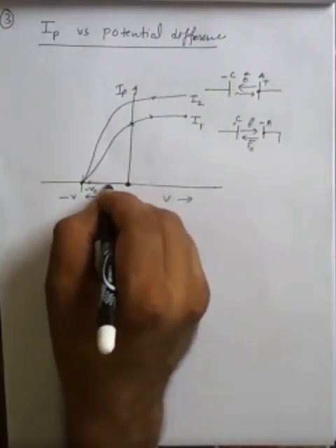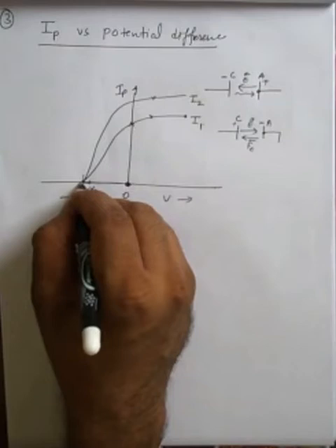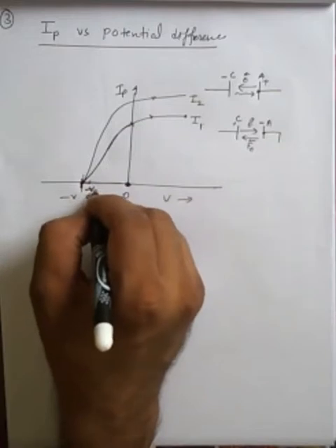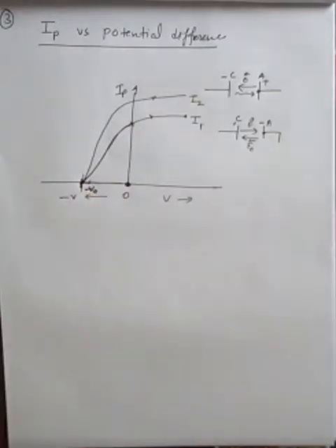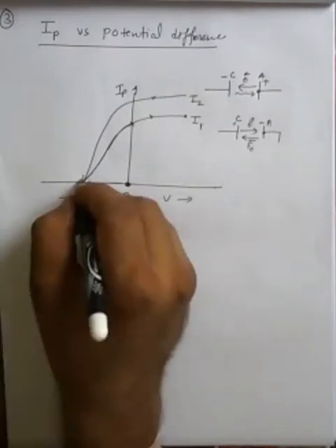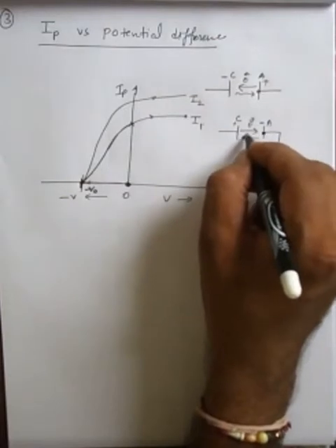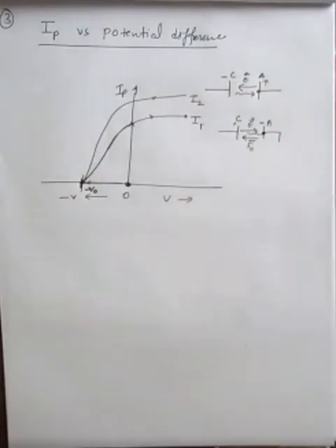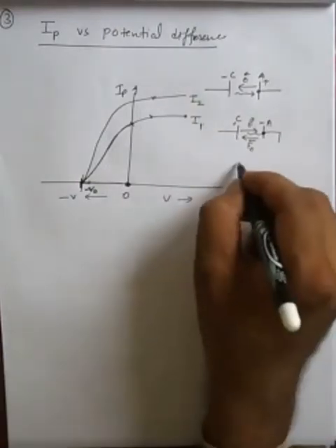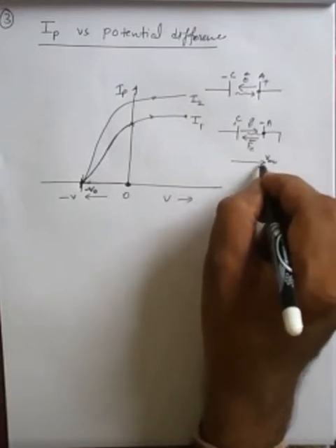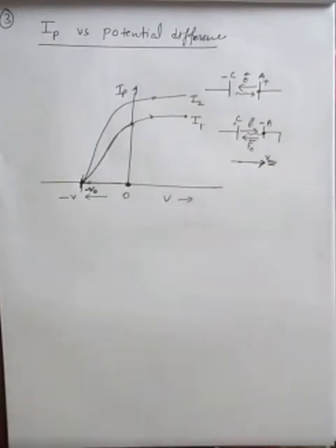Initially, when we increase the negative potential difference, the current in the circuit decreases, and then at potential difference V0, the current is 0. It means at this point no electron is reaching surface A. Even the higher energetic electrons, which are flowing with the velocity V max, are now stopped by this potential difference.